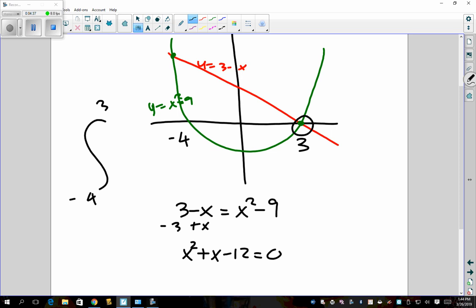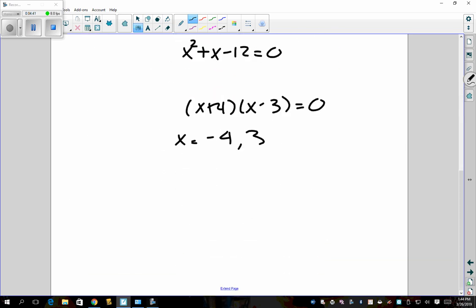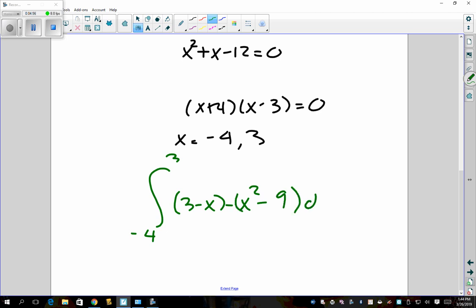And then, like we said, the top function is y equals 3 minus x, and our bottom function is y equals x squared minus 9. So altogether, our integral is going to look like the integral from -4 to 3 of 3 minus x minus, and then parentheses are important.